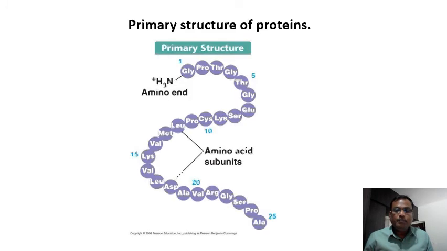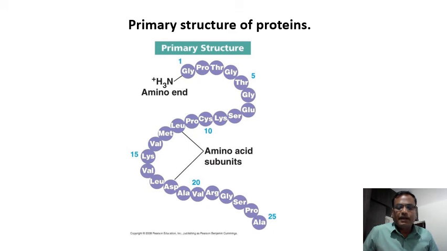And why is this primary structure so important? Because the primary structure of the protein decides the secondary, tertiary and quaternary structure. If there is any change in the primary structure, there will be a change in the secondary structure and also the tertiary structure. Now remember, the tertiary structure, or three-dimensional structure, of the protein is responsible for the functioning of the protein.